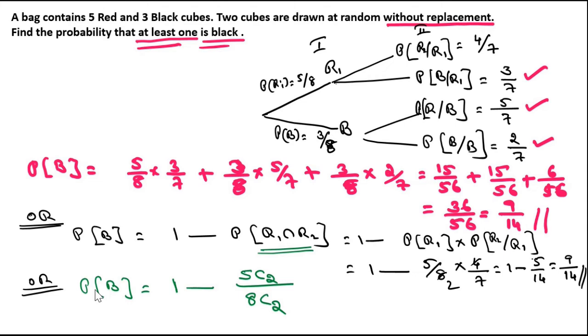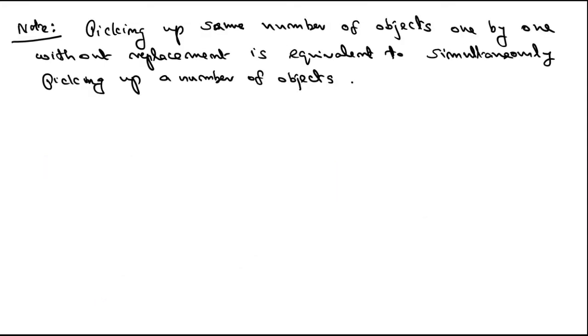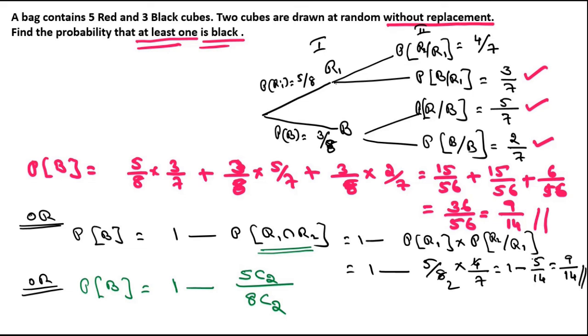This is your total case. And we have 5 red balls, so we are taking 2 together. So that is what I told: picking up the same number of objects one by one without replacement is equivalent to simultaneously picking up a number of objects. So here I am picking both the red balls together.